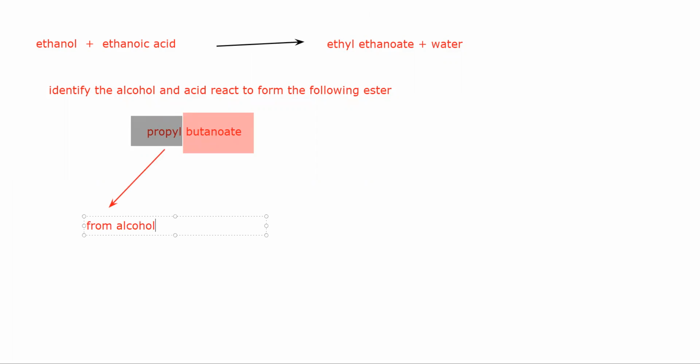So which alcohol will be there? It will be propanol. And which acid will be there? This will be butanoic acid. So the first name is always coming from alcohol and the second name is from carboxylic acid.